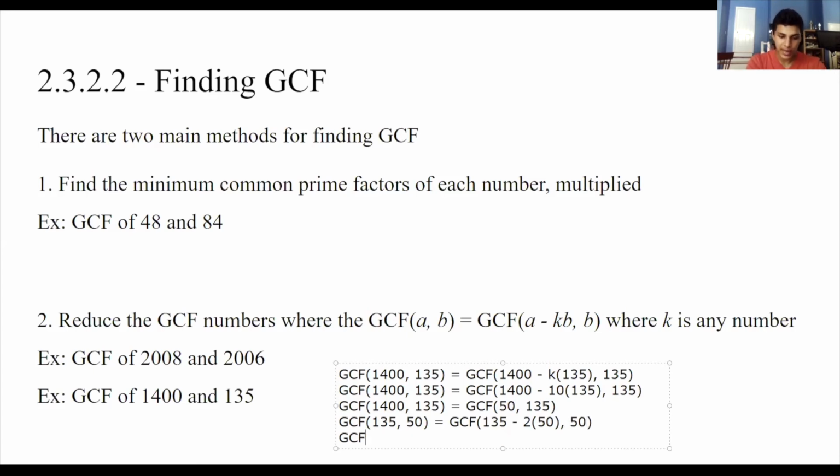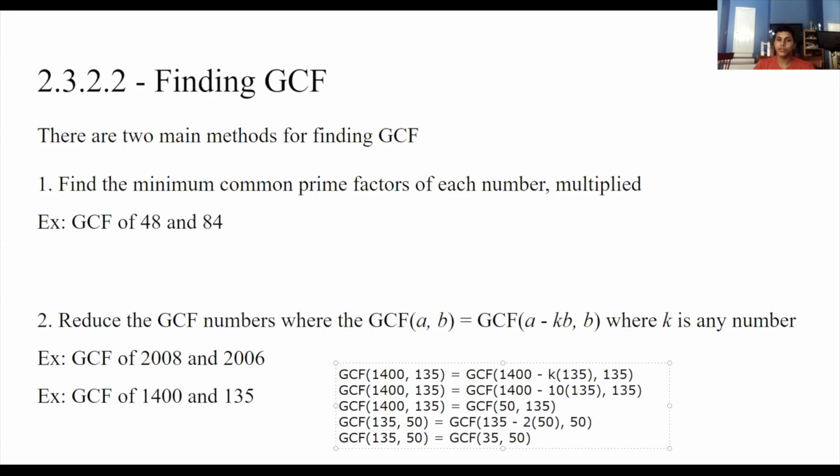If I simplify that again, 2 times 50 equals 100, so it becomes the GCF of 135 and 50, which is equal to the GCF of, and then if I subtract 2 times 50, which is 100, from 135, that leaves me with 35 and 50.